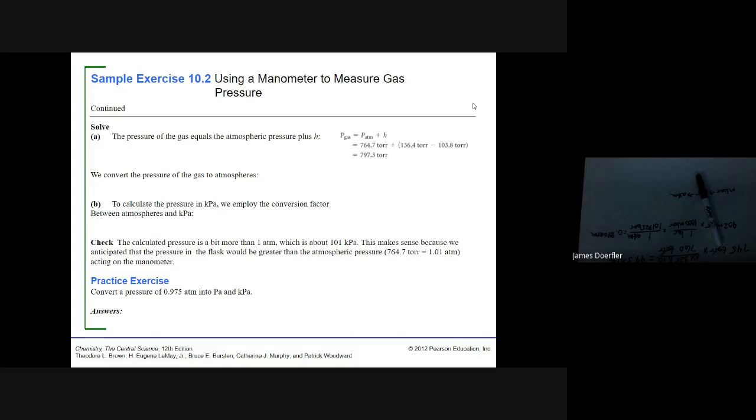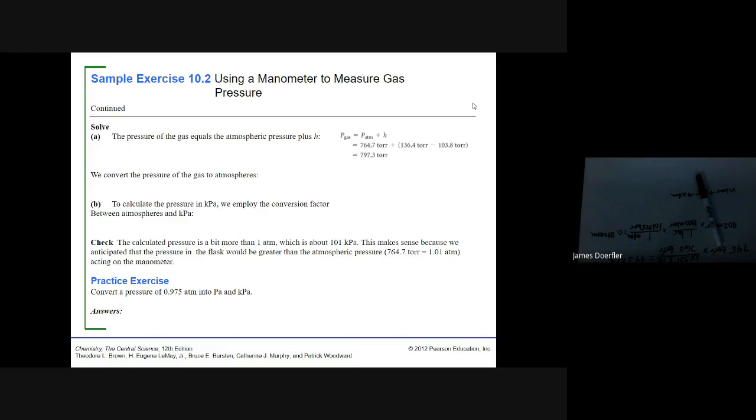So when we have situations like this, you're going to end up with a negative value, which will indicate that the pressure in the atmosphere is actually greater than the pressure of the gas in the vessel.